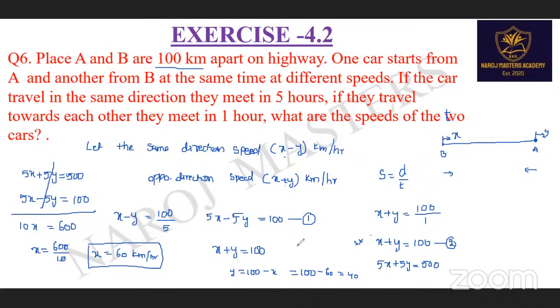So y is equal to 40 kilometers per hour. This is the speed of the second car. What are the speeds of the cars here? This is the speed of the first car, and this is the speed of the second car, the car which is traveling from point B to point A. Is it clear to everyone? Yeah, let's look at the next problem.